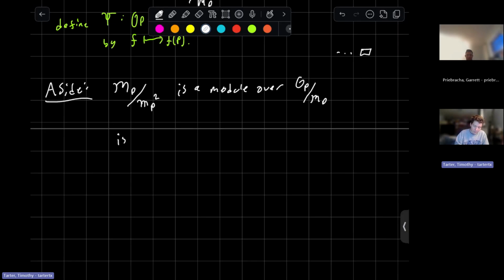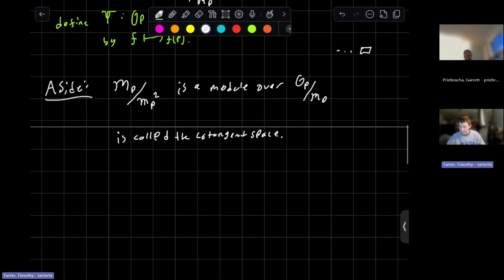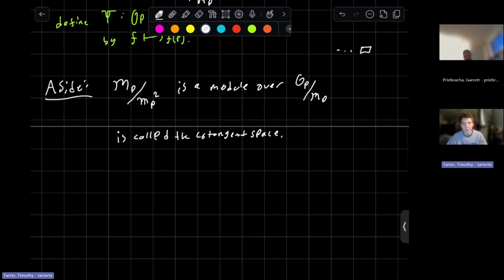And this is called the cotangent space. It's all of the linear functions which vanish at P, or rather, all of the germs with total degree 1 that vanish at P. The thrust of this is that another way to think of the blow up of a variety is that you can characterize it with the cotangent space.